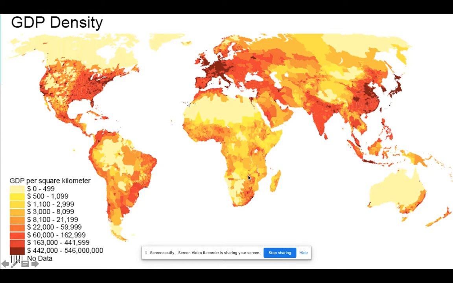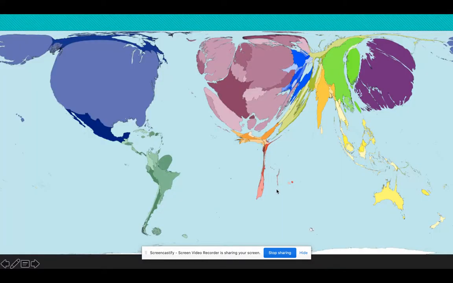So we see all this yellow. We go to this next map and it looks really funny, but the smaller a place shrinks to, the less money they have. So you see the continent of Africa on this map almost disappears because the people there have that much less money than the people in North America or the people in Japan or China, for example.